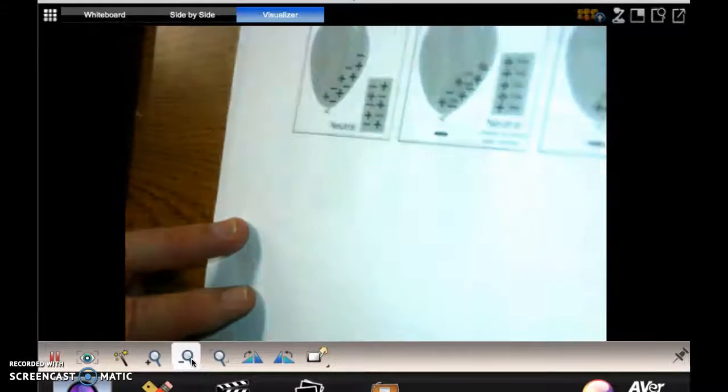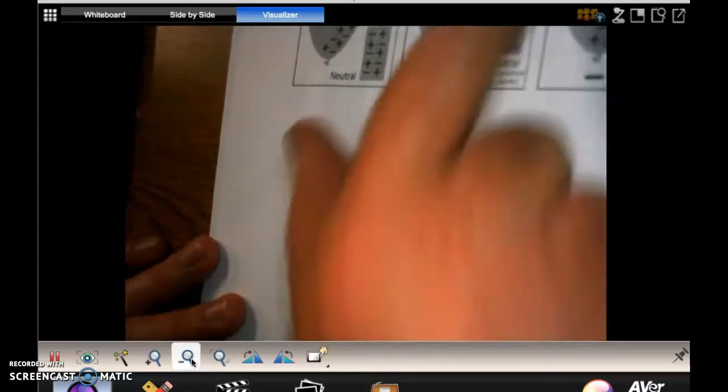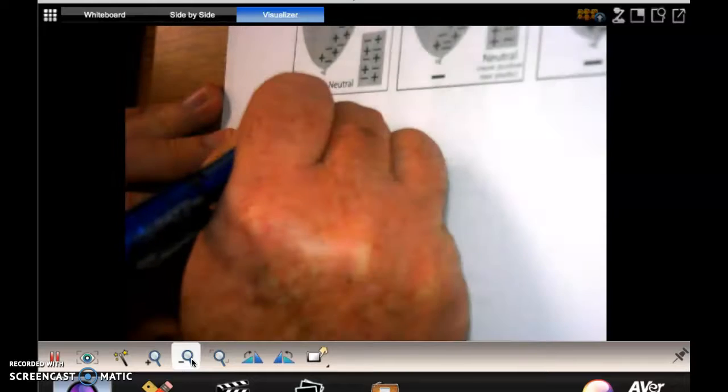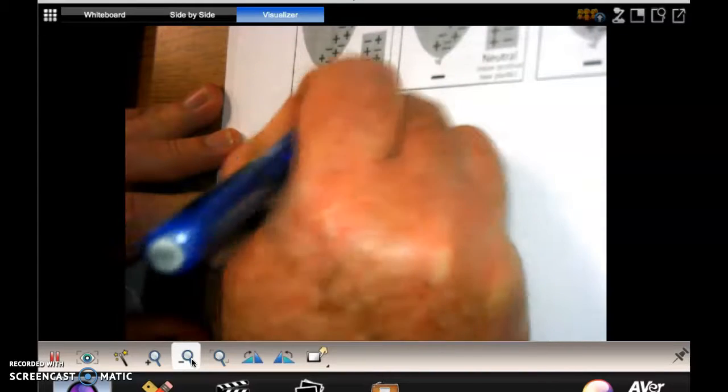So the last step of your lab is you're going to write down captions beneath each picture explaining what happened between the balloon and your hair and the balloon and the paper in the activity. So I just did it with the paper. But here, to start with, this is the starting place. So what we can do is we've got two neutral surfaces.